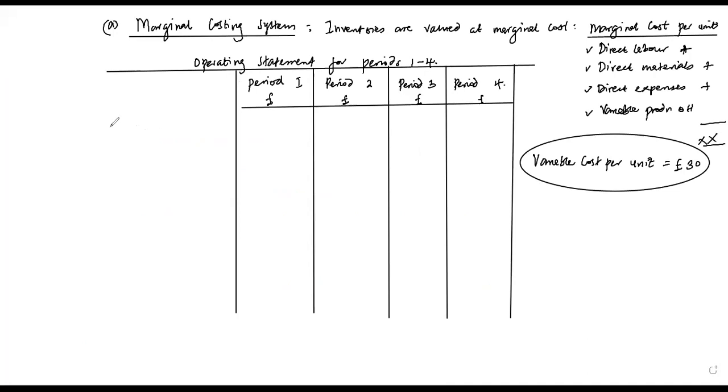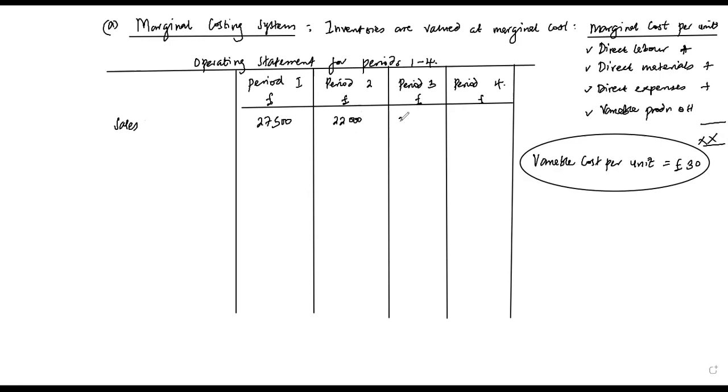Let's see this sales. So period 1, it's 500 times 55. Of course, in period 1, our sales, we have 27,500. You multiply to come up with that. 22,000.